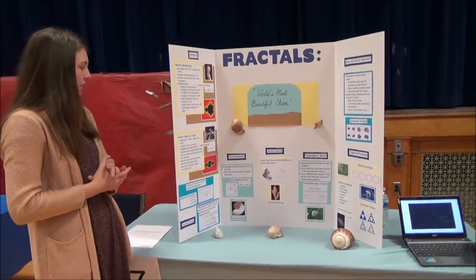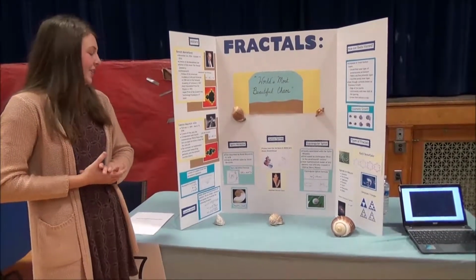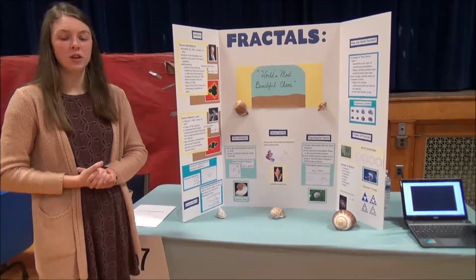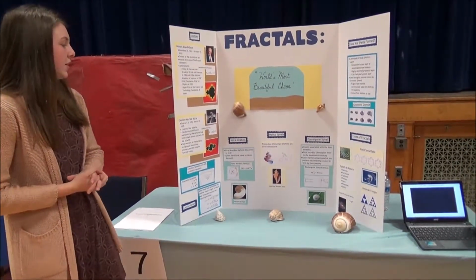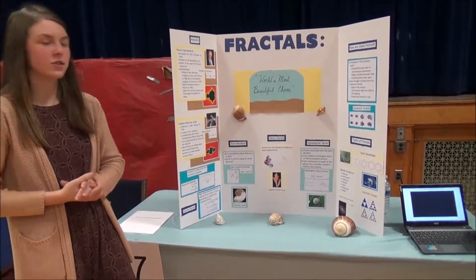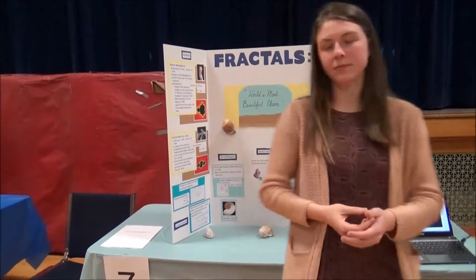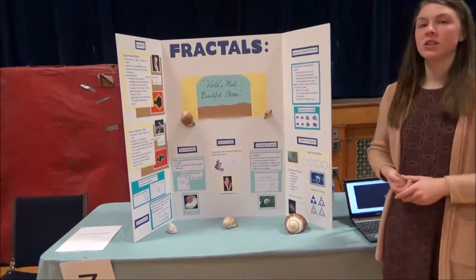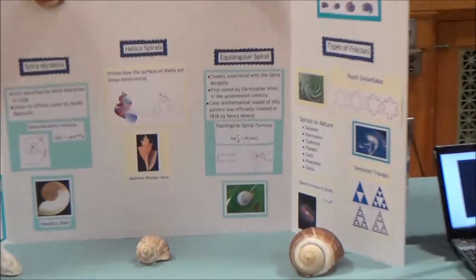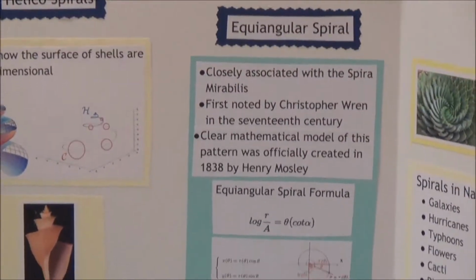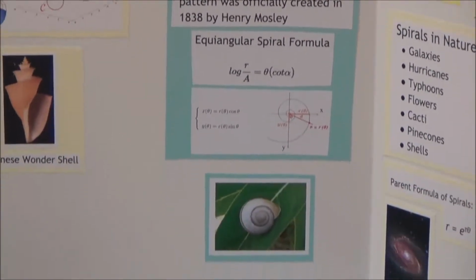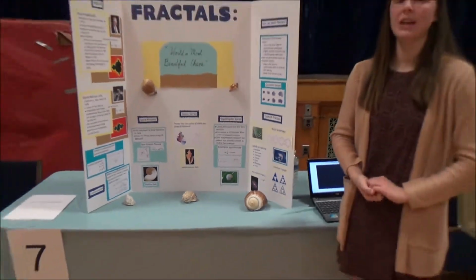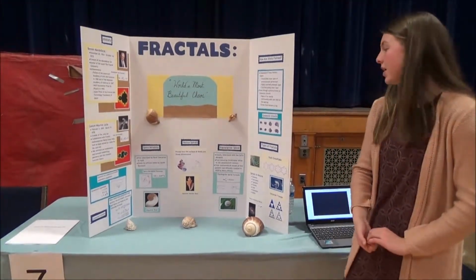The type of spira mirabilis shell that is found in nature is known as the nautilus shell. Another type of spiral that is found in nature is the equiangular spiral. This is closely associated with the spira mirabilis, and it was first noted by Christopher Wren in the 17th century, but a clear mathematical model was not made until 1838 by Henry Moseley.